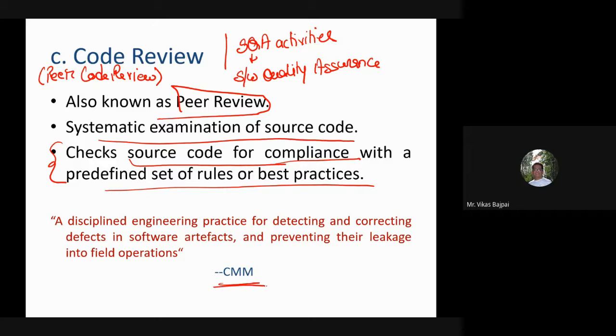This definition I took from CMM. So it's like a disciplined engineering practice for detecting and correcting the defects in software artifacts and preventing their leakage into field operations. Before passing on to the team, let us verify at our own end as well.